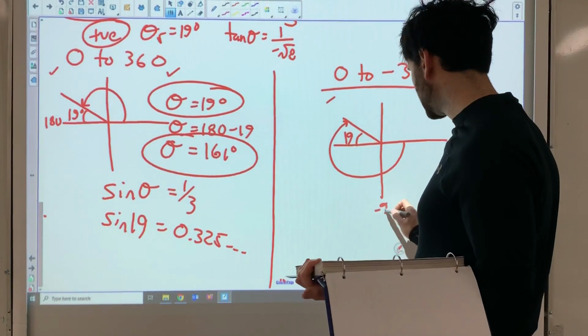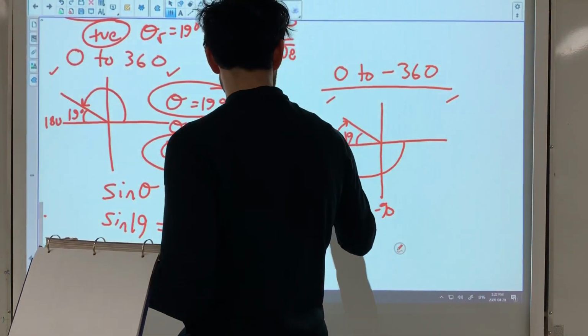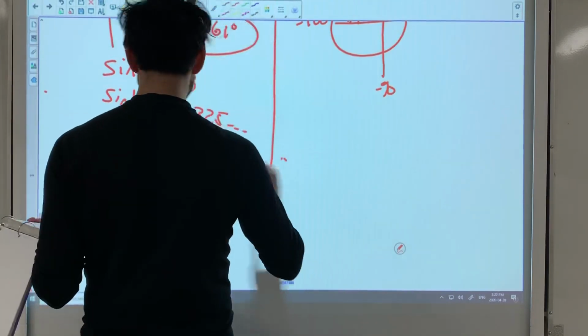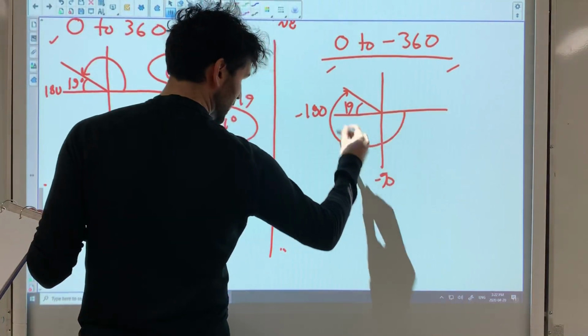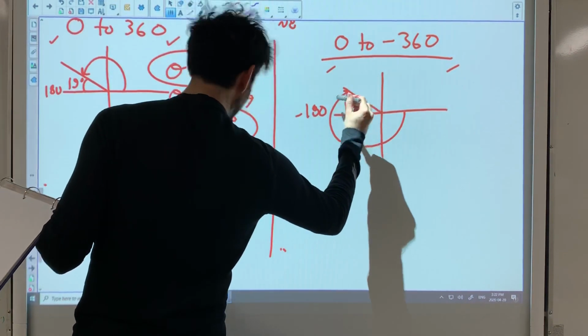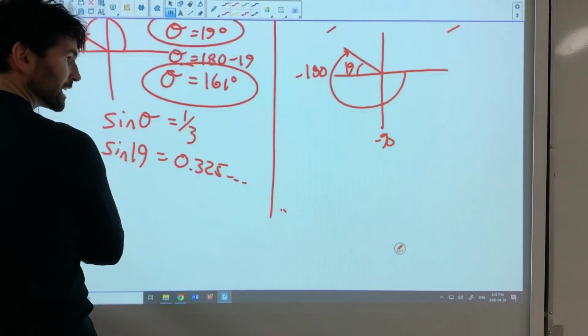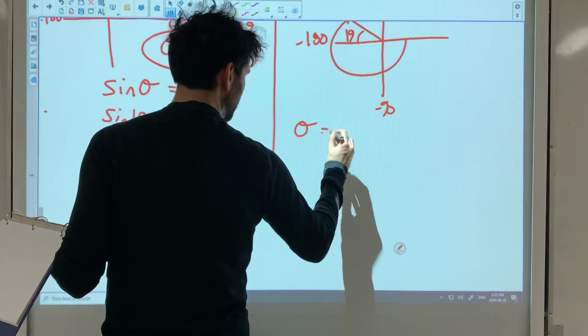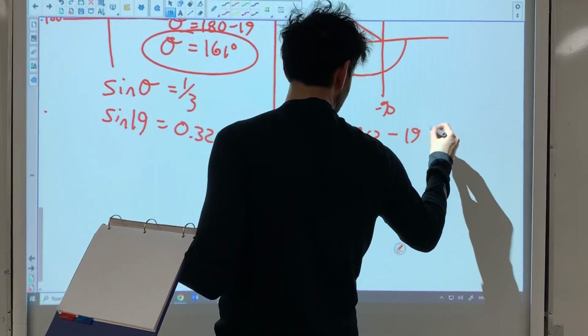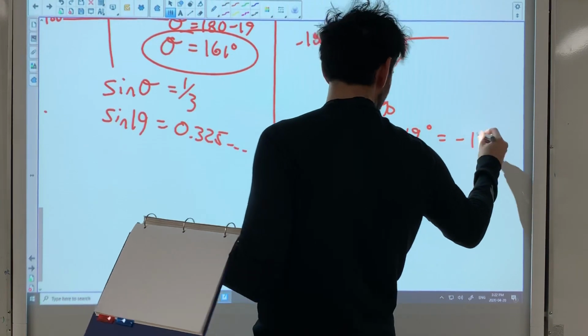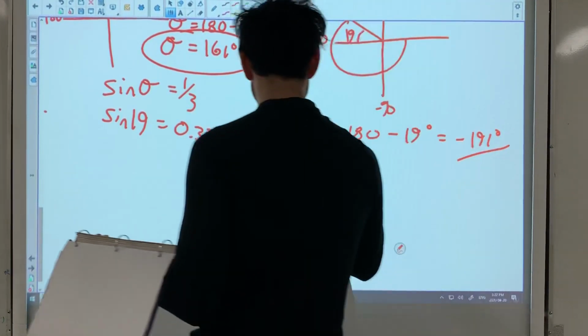Okay, and this is negative 90. This is negative 180. So how much more do you have to go to get to this terminal arm? Well, you're going negative 180 degrees, and you go 19 degrees more in a negative direction. So that's going to be negative 180, subtract my reference angle, and I'm going to get negative 191 degrees.